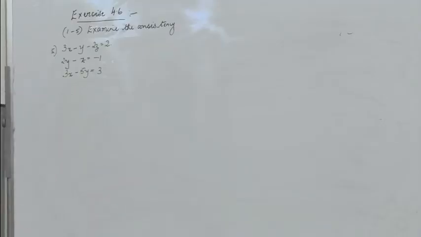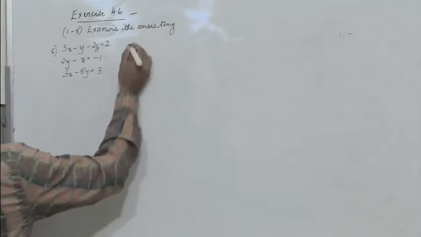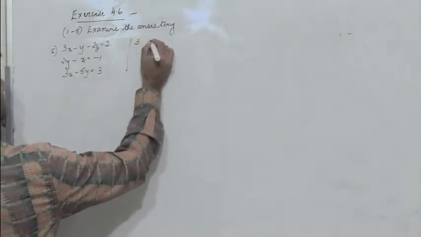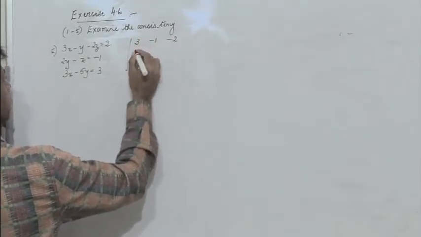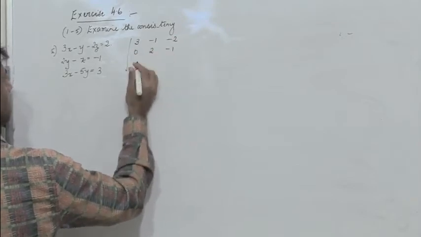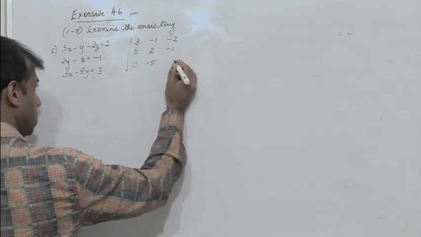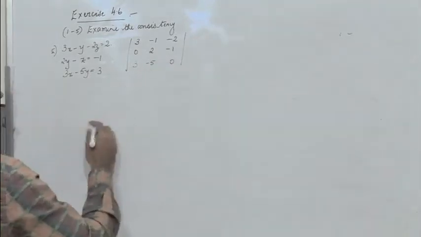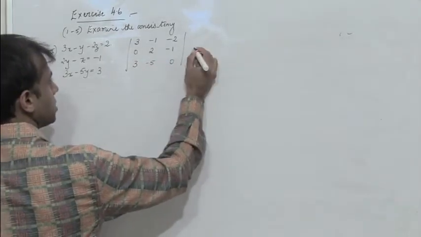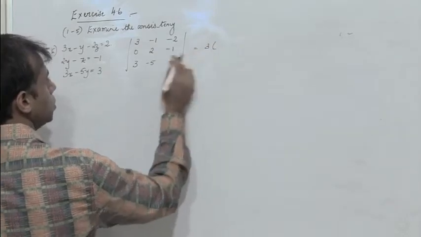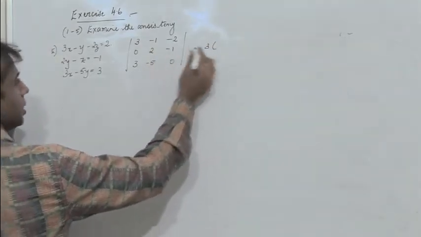So given a set of 3 equations, let me find the determinant. So I have 3 minus 1 minus 2, 0, 2 minus 1, and then 3 minus 5, and then 0 here. So the determinant is 3 into 2 into 0, 0 minus 5.